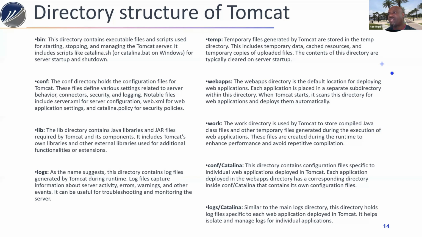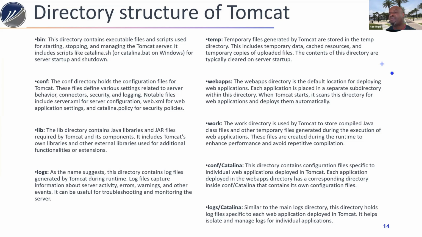Then we have conf/Catalina. This directory contains configuration files specific to individual web applications deployed in Tomcat. Once you deploy, it stays in the conf/Catalina directory. Each application deployed in the webapps directory has a corresponding directory inside conf/Catalina that contains its own configuration.